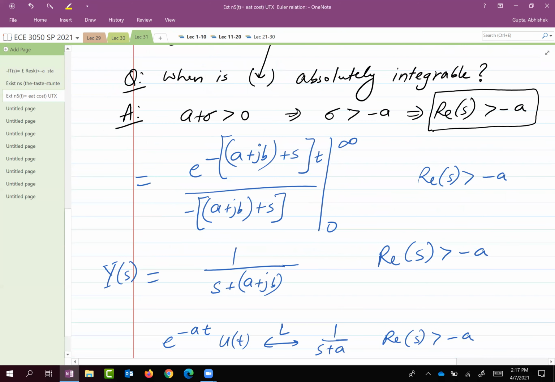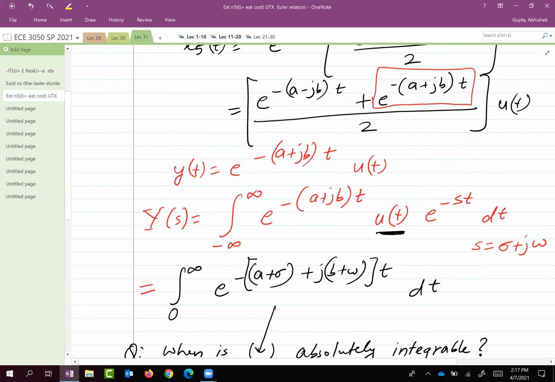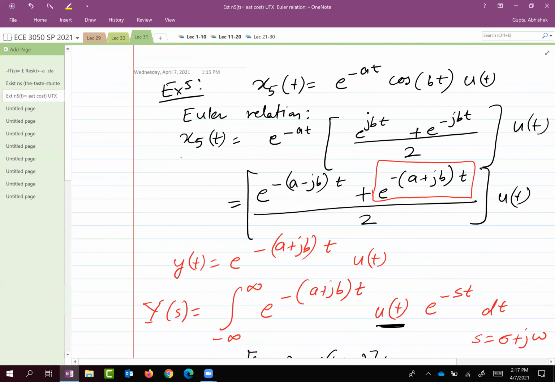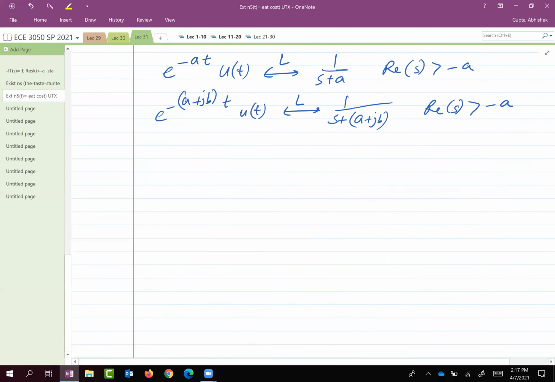Now let's go back to the original question we were interested in, which is the Laplace transform for x5 of t. So let's go down further.